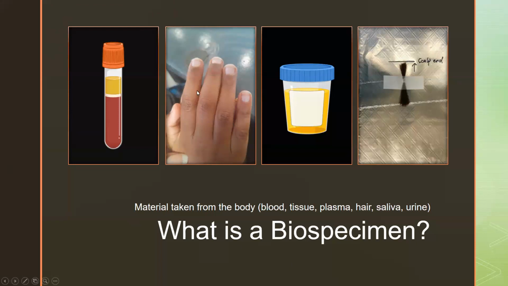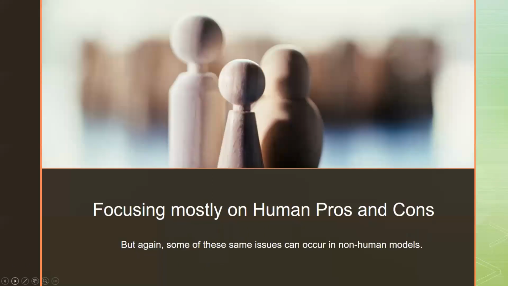I put this here because it can be anything ranging from skin to plasma to blood to urine to hair and to nails. And again, for this lecture, we're mostly going to be focusing on the pros and cons of human biomarkers and biospecimens. But again, a lot of these issues can also occur in non-human models.